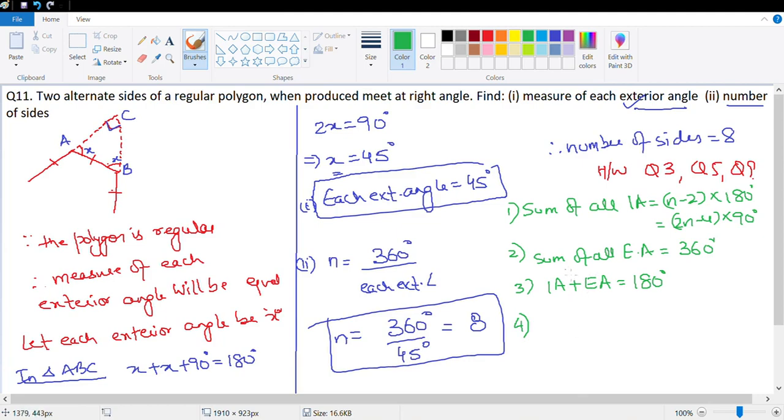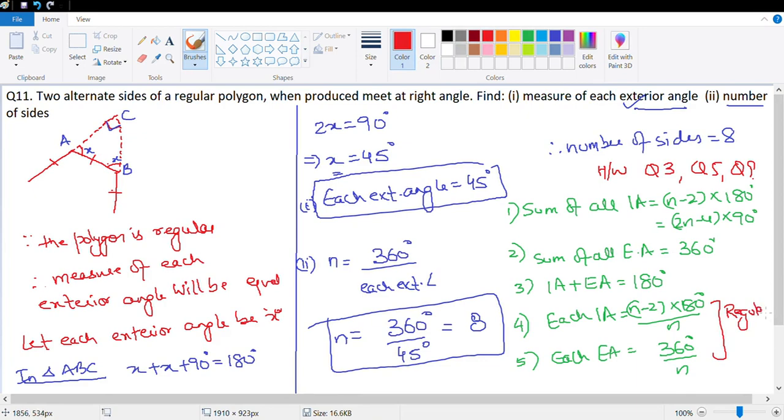For regular polygon, we have each interior angle is equal to n minus 2 into 180 degree upon n, and each exterior angle is equal to 360 degree upon n. This is for a special type of a polygon, which is a regular polygon. Perfect. So these two formula are valid only for a regular polygon, and the remaining three are valid for all types of polygon.